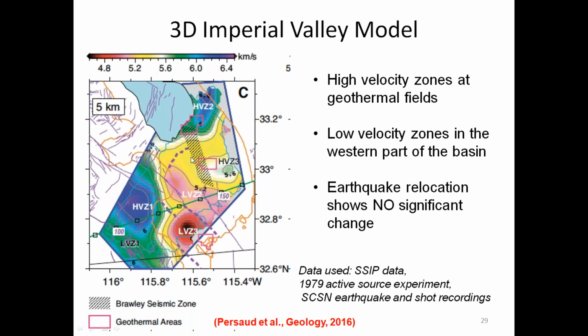This is the 3D Imperial Valley velocity model published in Geology 2016, using the Southern California community velocity model as the starting model, but using more active source data to update the velocity. I think the velocity model is improved over the more simplified community model. Okay. But I don't know whether it's incorporated into the community model yet or not.